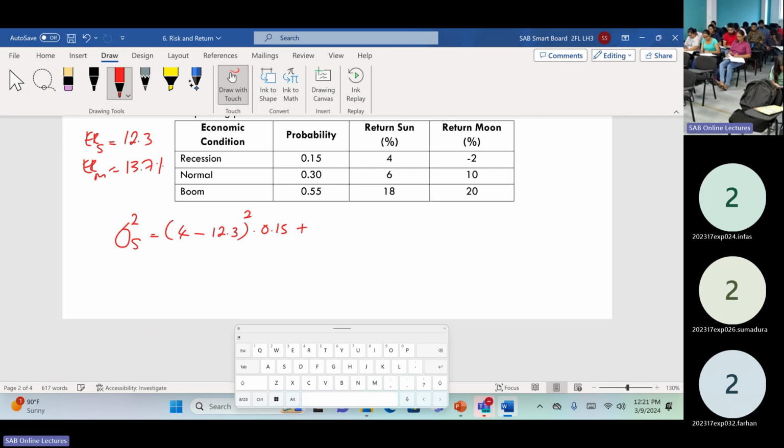Plus, in the normal economy, the forecasted return is 6%, its deviation from the expected 12.3, squared, times probability 0.3, plus the forecasted 18% minus the expected, squared, times probability 0.5. So this is the variance. Once you take the square root of that, you get the standard deviation.